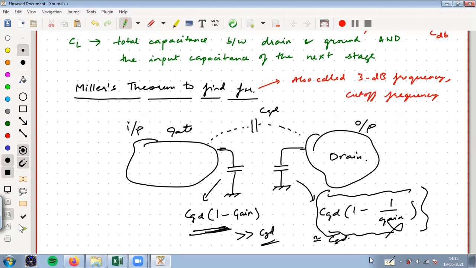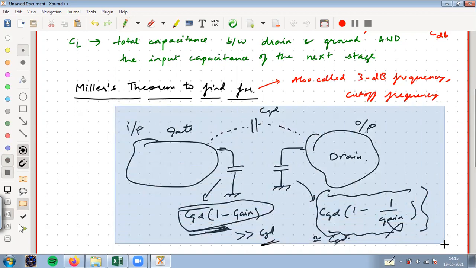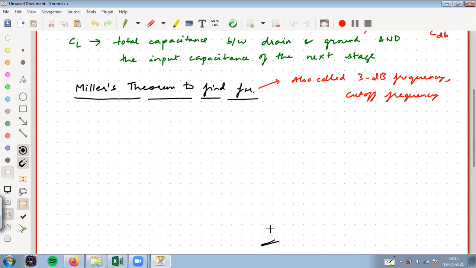So with this formula in mind, if I draw the updated circuit diagram, what will I get? I'll delete this. Now I'll draw it. My source will be here, plus minus V signal, not VGS, V signal.